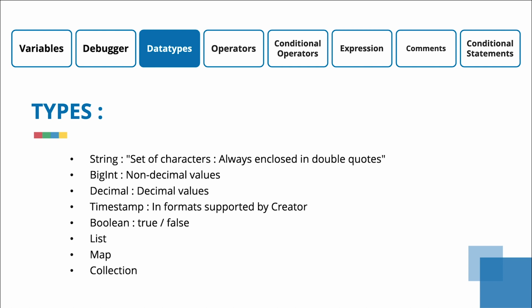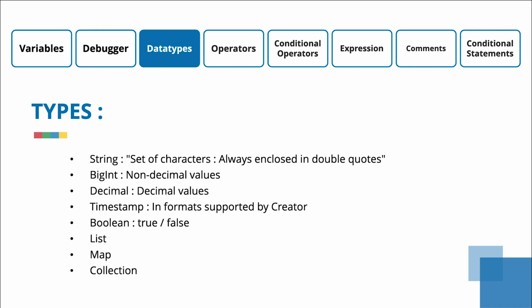Decimals, of course, are the ones with a point between two numbers, separated by a decimal point. So we do support decimal numbers as well. Then we have timestamp, which is a date and time format or just the date format, those supported by Zoho Creator are allowed in Deluge. Then we have Boolean, which is just true or false.